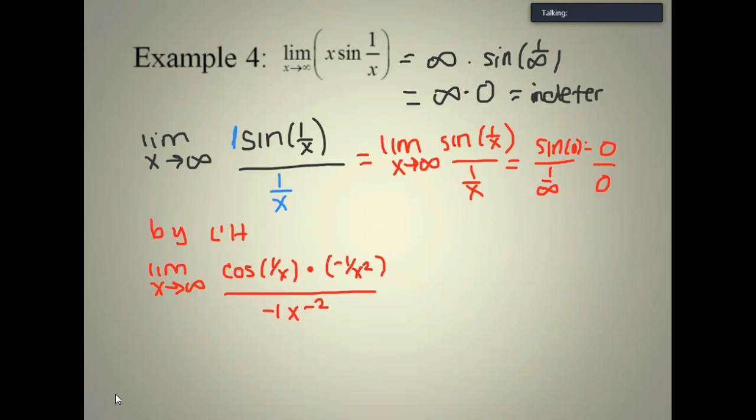Now, do not fall for the trap. We're not going to cancel and simplify. We're going to plug in because you're looking at each of those limits of the top and bottom separately.